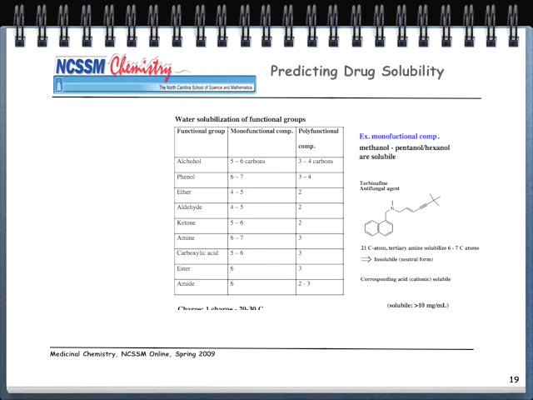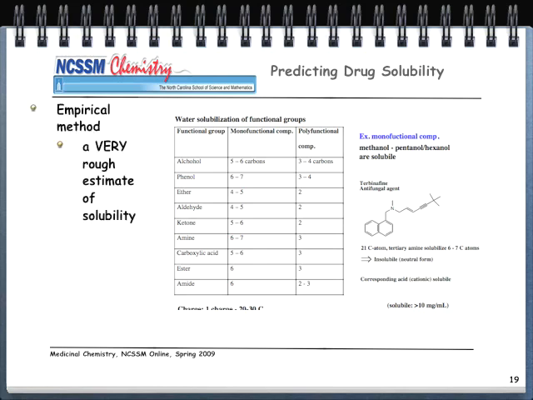So being how I have 7 out of 21, I would predict that this molecule is insoluble in its neutral form. Now, it turns out, as you see the note there, if I remove some parts of it, if I ionize it, I can actually make it soluble, but in the form that you see it here, if you were to have to predict this, I would predict this as being an insoluble drug.